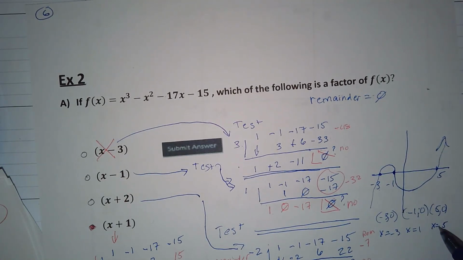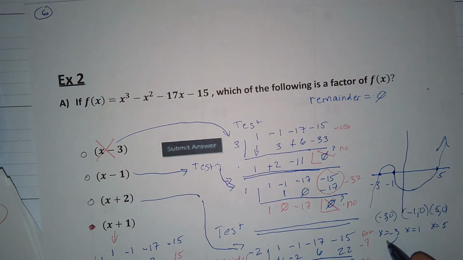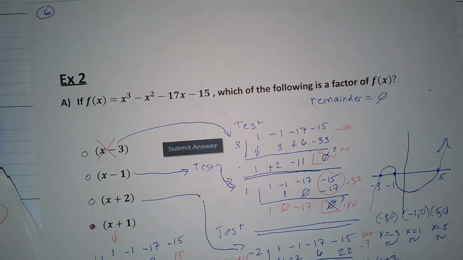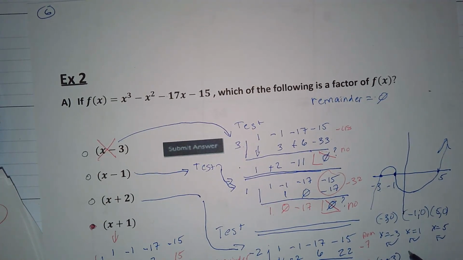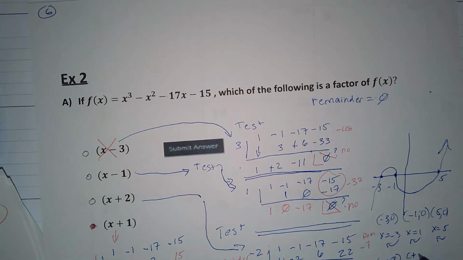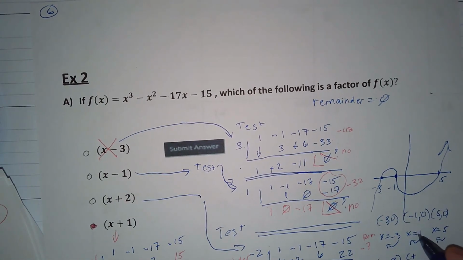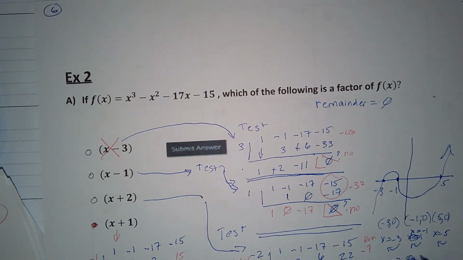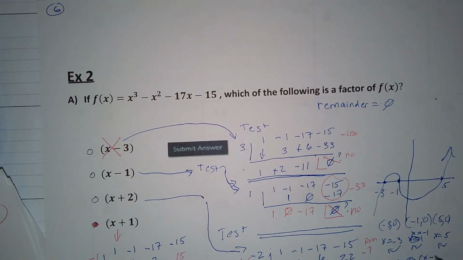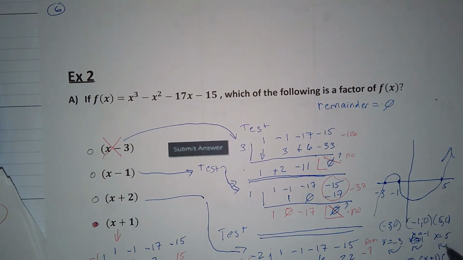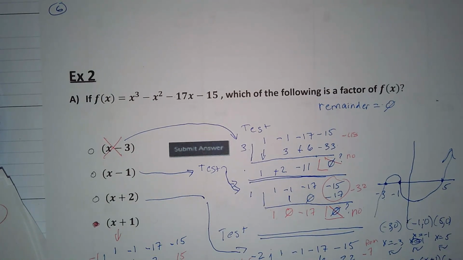Just going backwards, like I did before, to find the factors, you get x plus 3, and then x equals negative 1, so this is x plus 1, and then this is 5, so this is x minus 5.